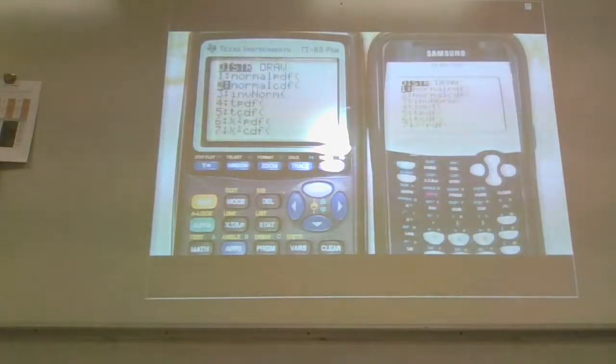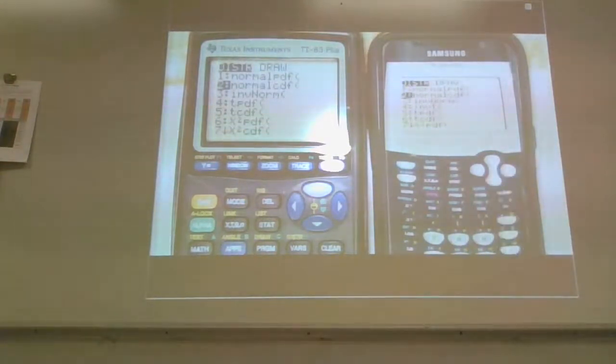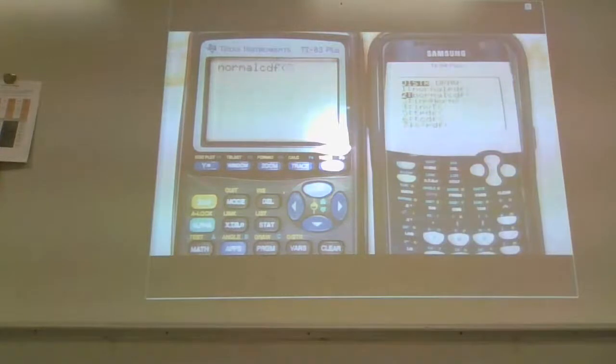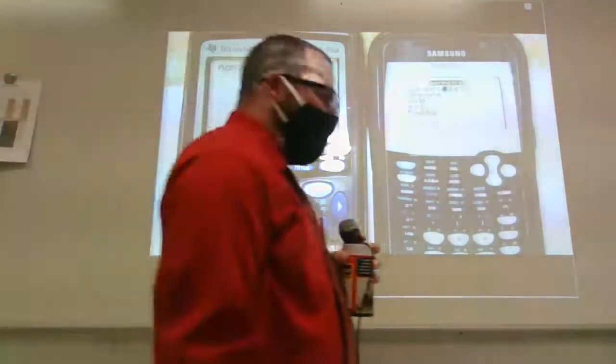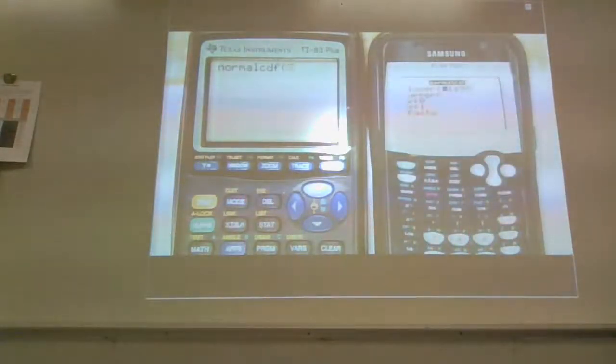Now, normal CDF looks different depending on the calculator that you are using. If you're using my 83, you get that. If you're using the 84, you get that. That is how they're set up. Remember, when you are using normal CDF, typically they are giving you the data points.